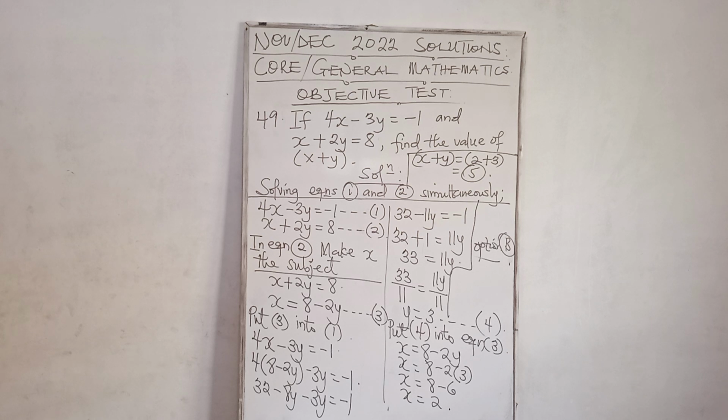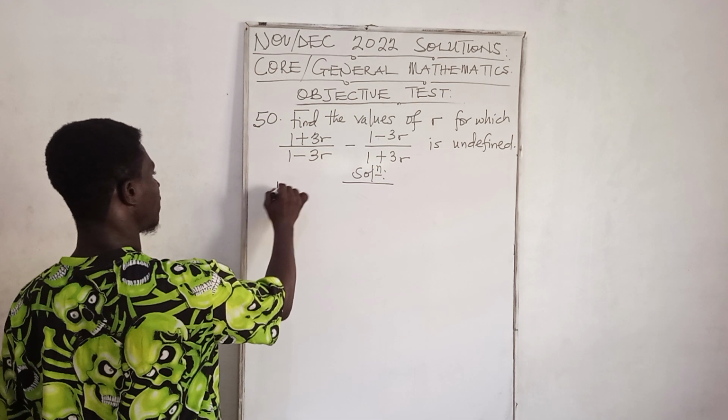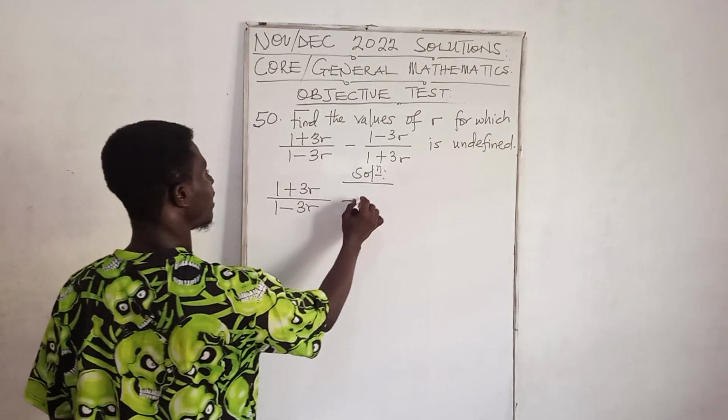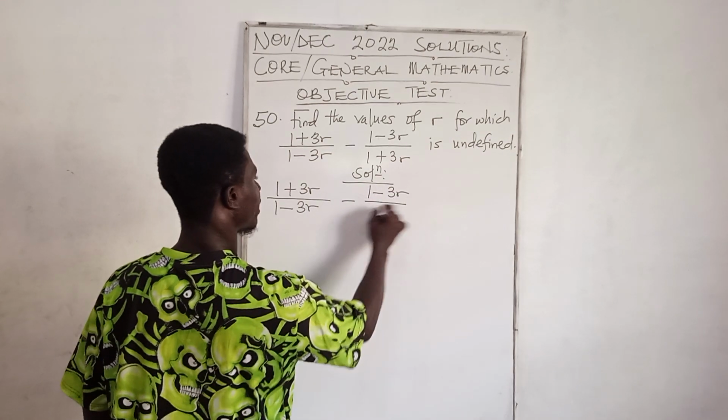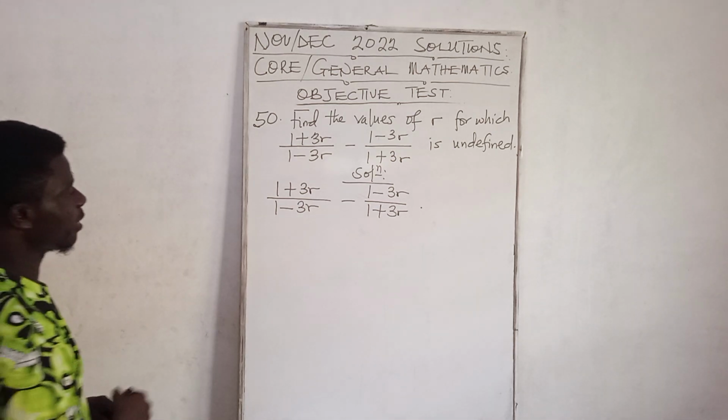Find the values of r for which 1 plus 3r divided by 1 minus 3r minus 1 minus 3r divided by 1 plus 3r is undefined, which means does not exist. So now we need to find the LCM here.